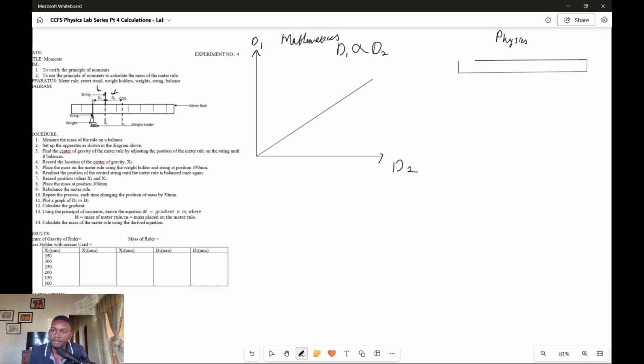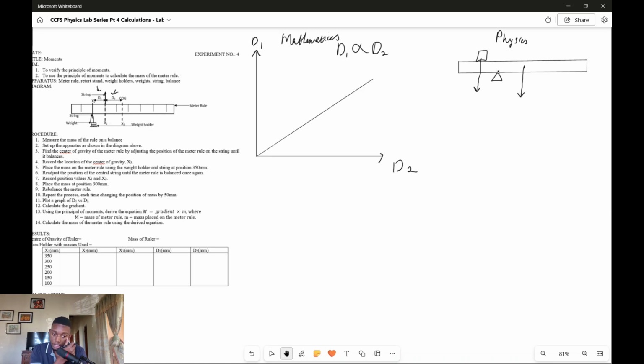So this is our setup. Basically, we have the meter rule, and we have a fulcrum placed not in the center. We have a mass over here, and then the center of gravity pulling it down.